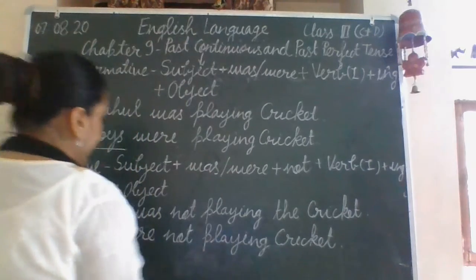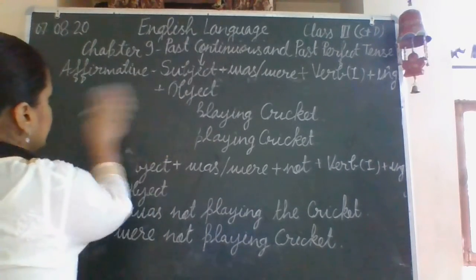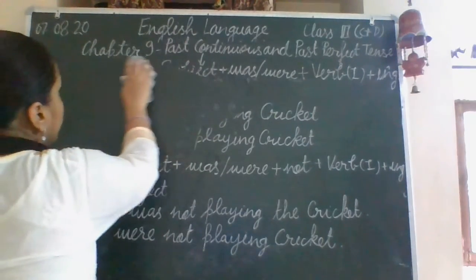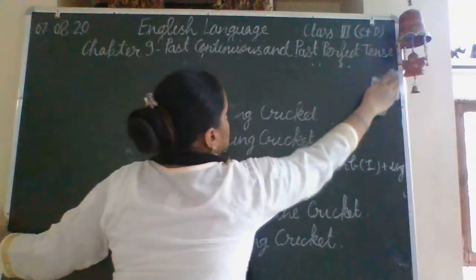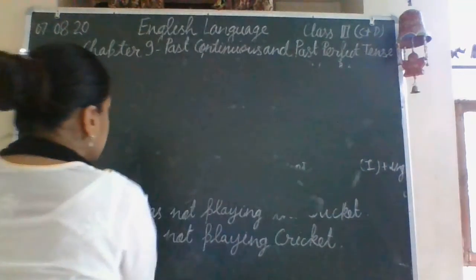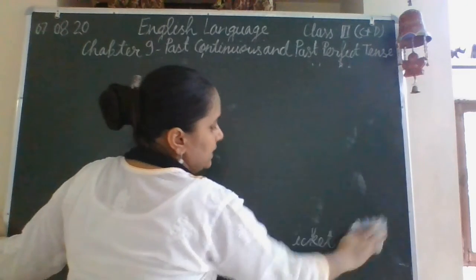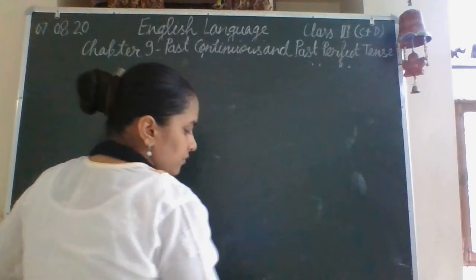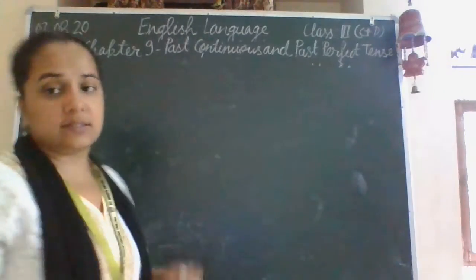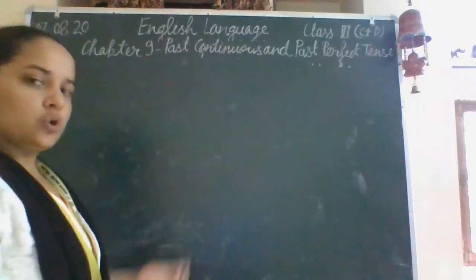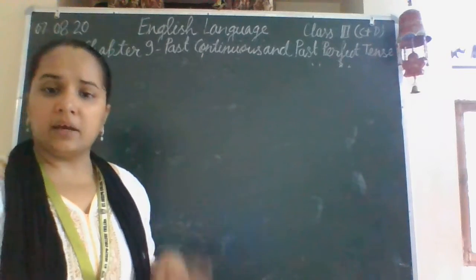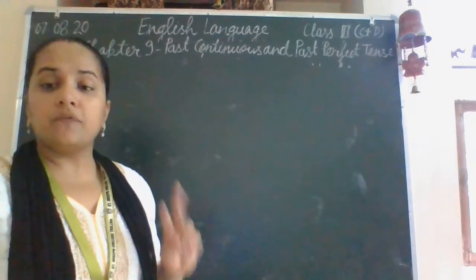Now, the third category, as you all must be aware, will be interrogative sentences. What are interrogative sentences? Interrogative sentences are sentences which end with a question mark and in which something is asked. As we have discussed earlier, interrogative sentences will be of two kinds.